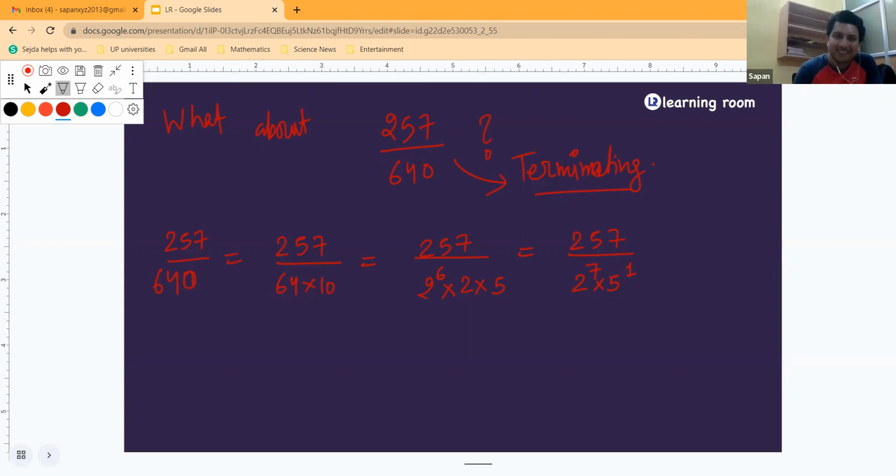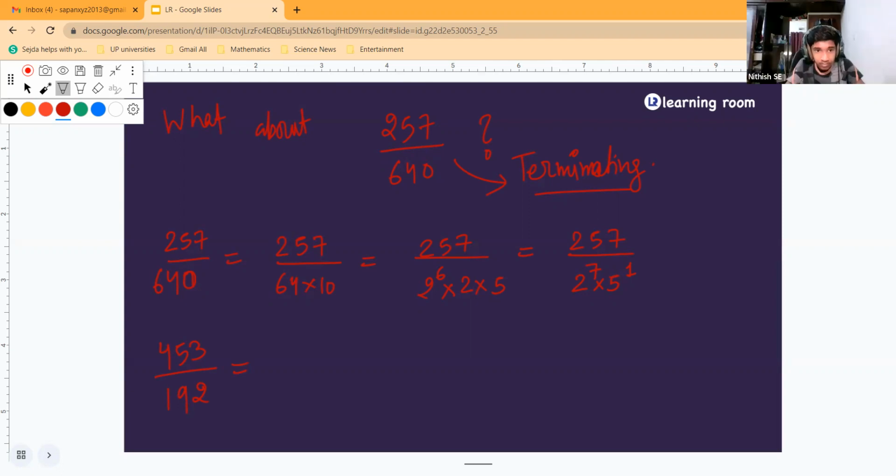So what about this number? 453 divided by 192. Is it terminating or non-terminating? Sir, can I also use decimals, like 19.2 into 10?